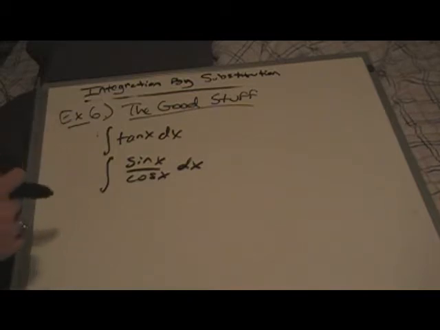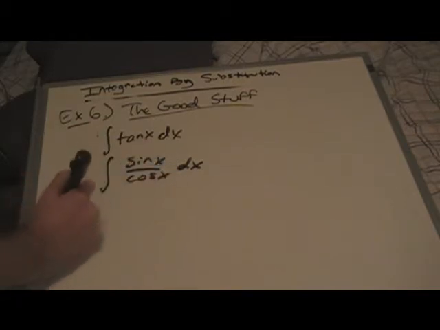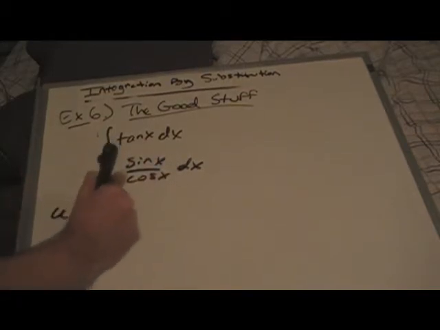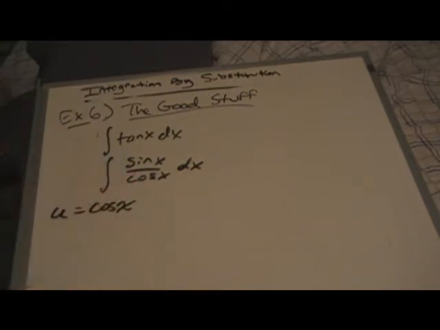And in most cases, we're going to take the denominator and set it equal to u. We do this because the derivative of cosine, the bottom, which is always cosine, is the opposite of sine. So you're going to end up with sines, both sines there.